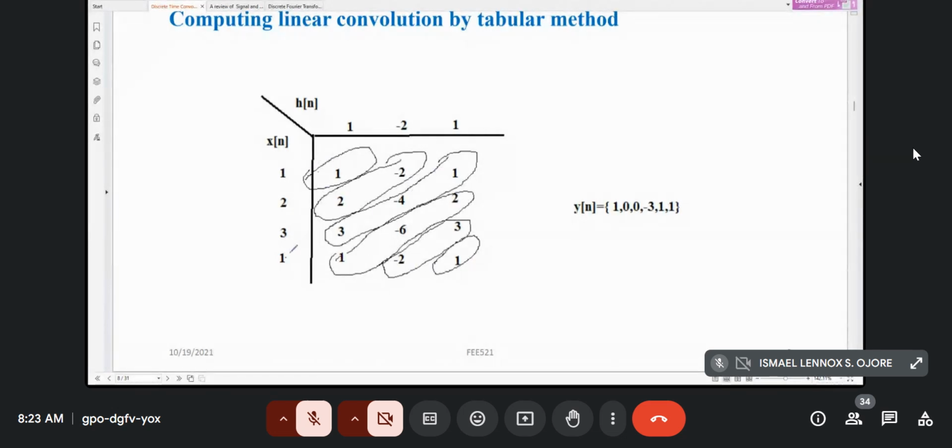So this is just the same as this row. This row is just the same as this row. Then what you take to be your y is y of n.